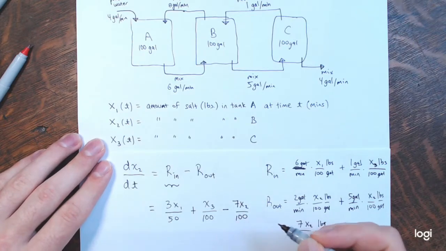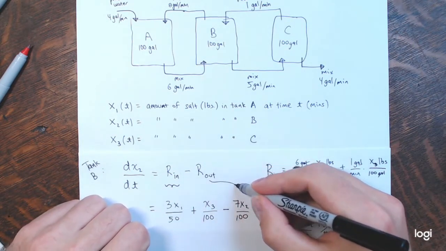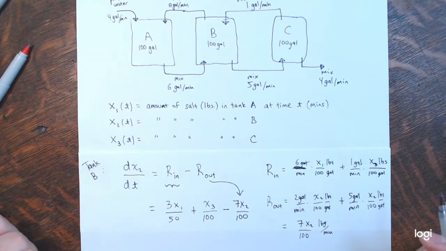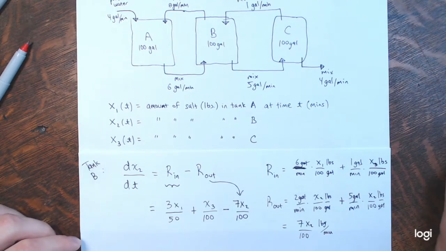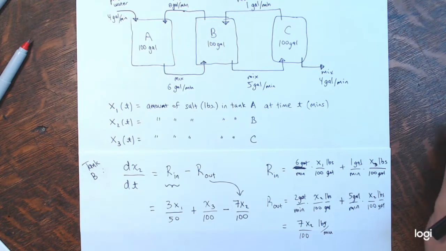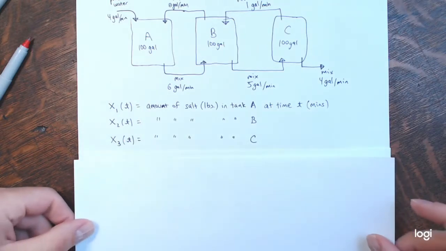That's the rate out. And there we have it for tank B. And now we'll move on to the third equation in the system, tank C, and then I'll just write it all together. All right. So for tank C, a new piece of paper.